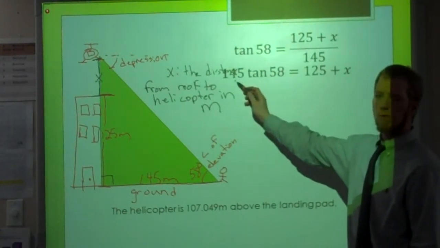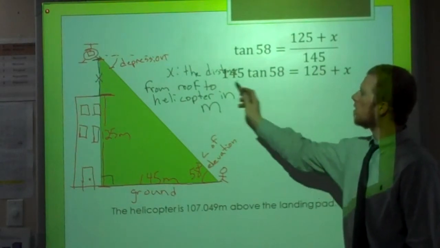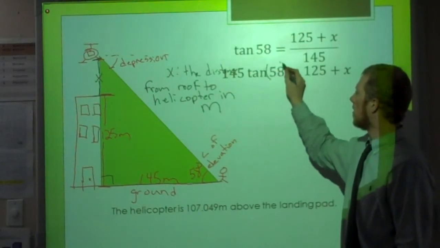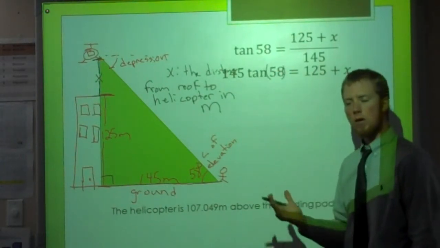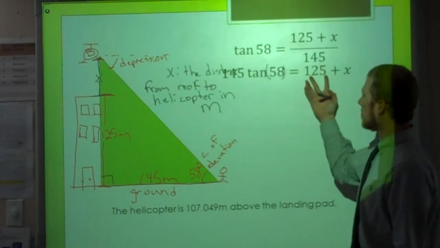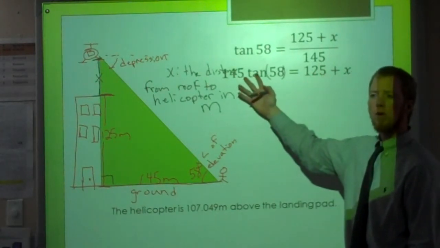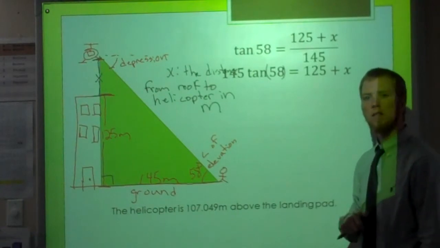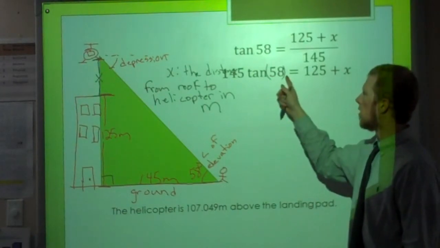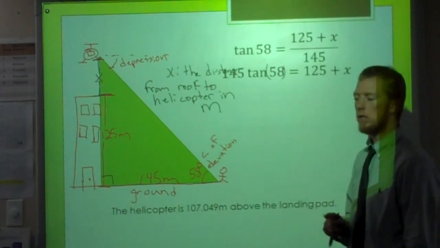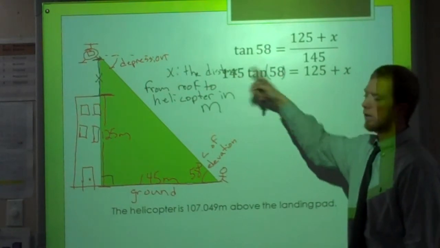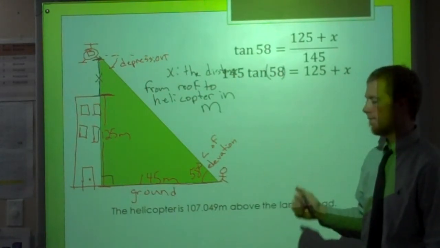Once I have multiplied both by 145, I'm going to put this directly into my calculator, and I suggest doing it now. Because if you subtract this 125 before you put it in your calculator and try and do it on the same line, a lot of times people will mix up where their parentheses go, or maybe they'll try and subtract 125 from there, and we don't want to do that.